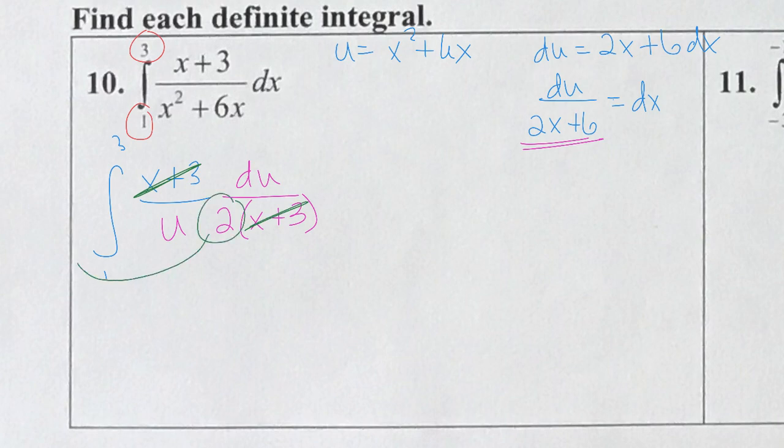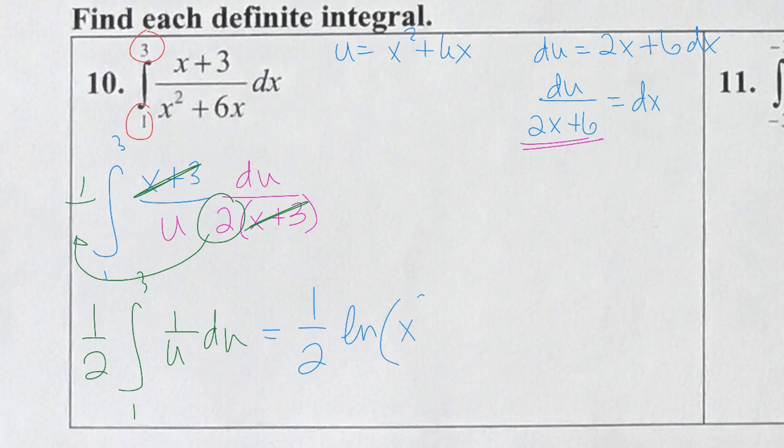So the denominator 2 is going to come out here as a 1/2, right? And we have the integral from 1 to 3 of 1 over u du, which hopefully you recognize as a natural log antiderivative. So the natural log of x squared plus 6x evaluated at 3 and 1 and then subtracted.